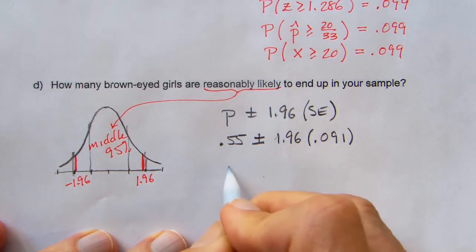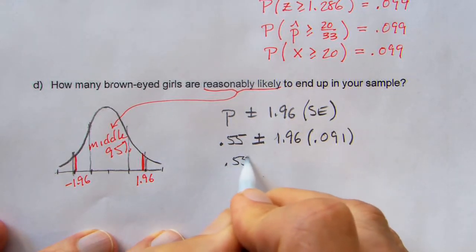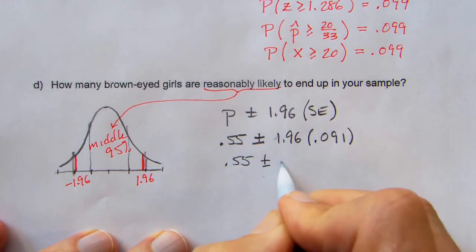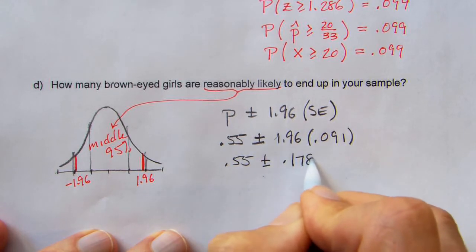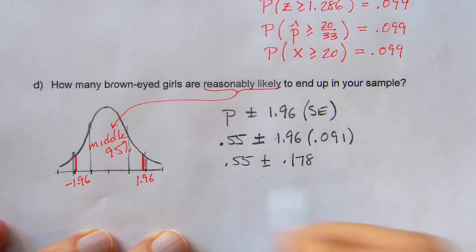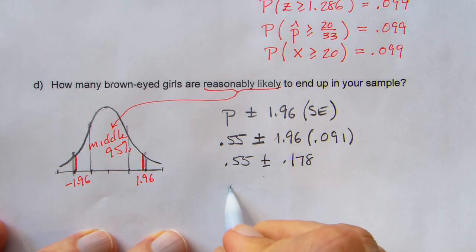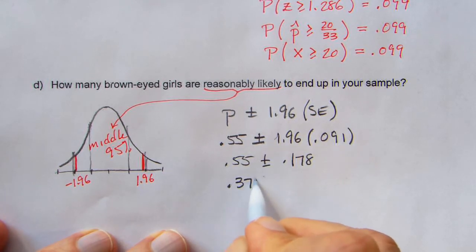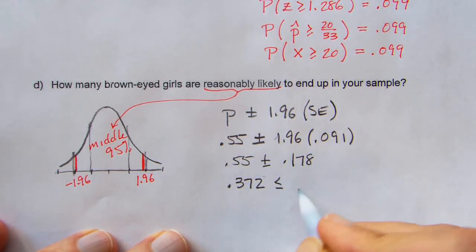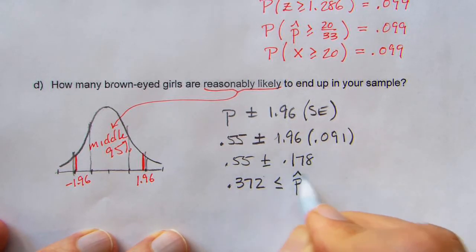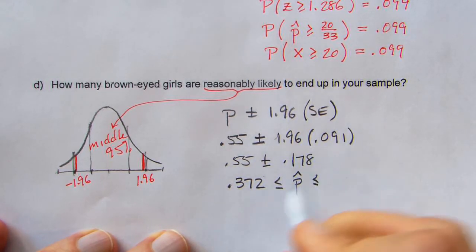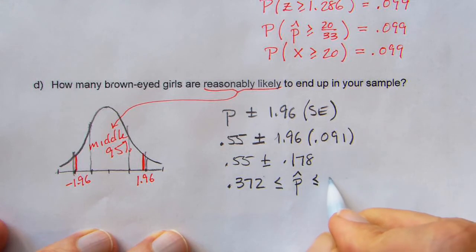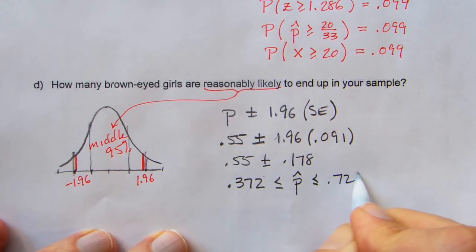And so doing a few more calculations, 55%, give or take 17.8%. And then doing the math on that, we get about 0.372 to 0.728. And again, this is p hat, the sample proportion. It's going to stay somewhere between 37.2 and 72.8%.